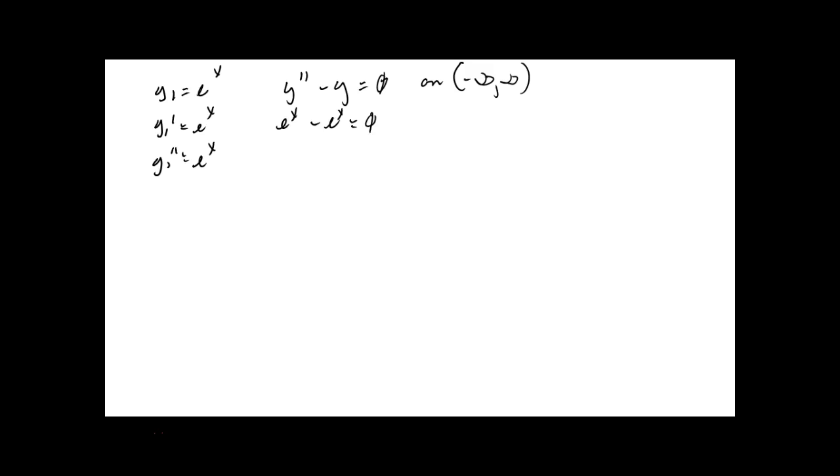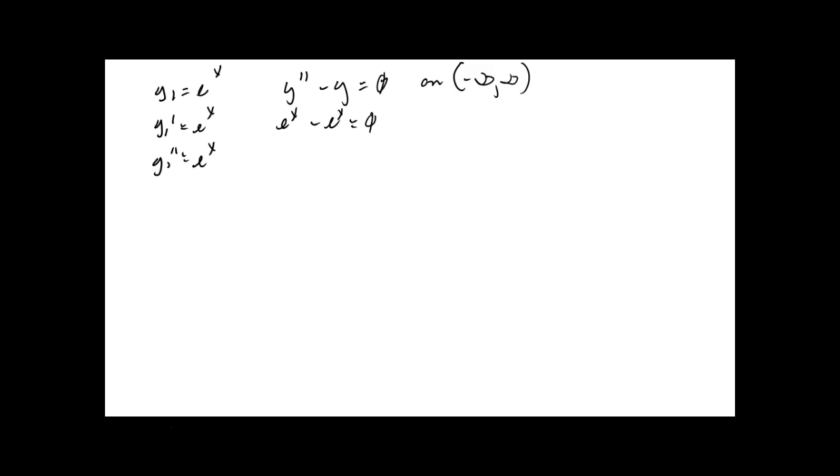So what we're going to do here, to find that second solution, we're going to assume that it seems like they should start off y2, but they just say y.